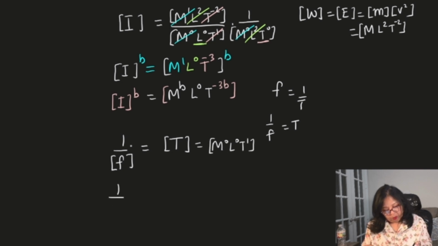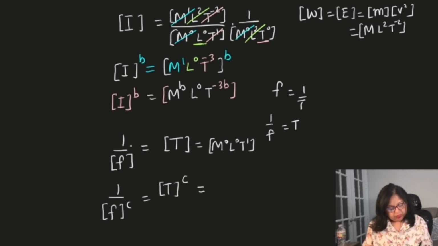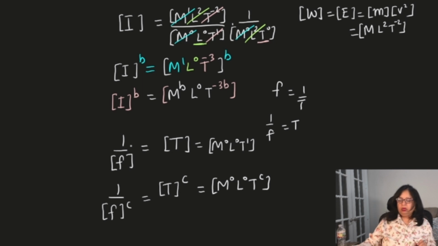However, in the problem, I'm asked to find out f to the power c. So that will be equal to t's dimensional formula to the power c, which gives the dimensional formula to be m0 L0 t to the power c. So now I got dimensional formula for f to the power c, or rather I should say 1 over f to the power c, I to the power b, and rho to the power a.